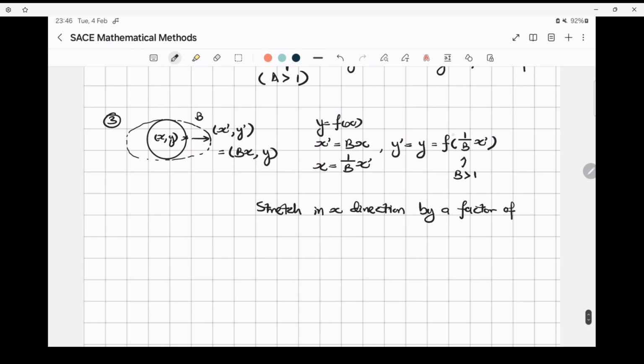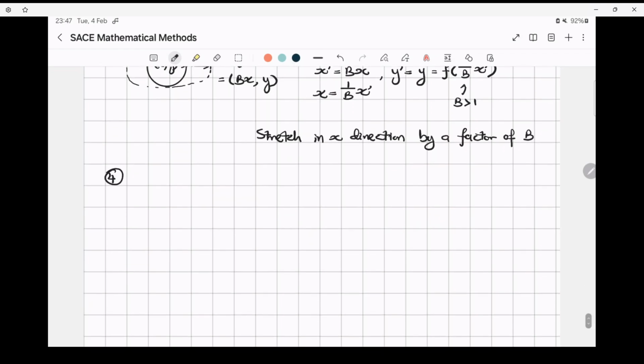You need to always remember that this is the reciprocal of b. So remember this particular form because later on it will get confusing.